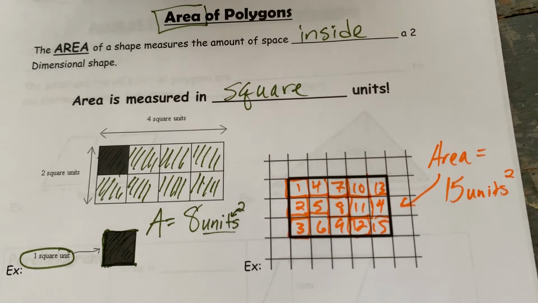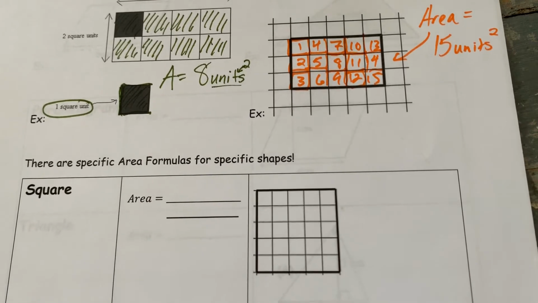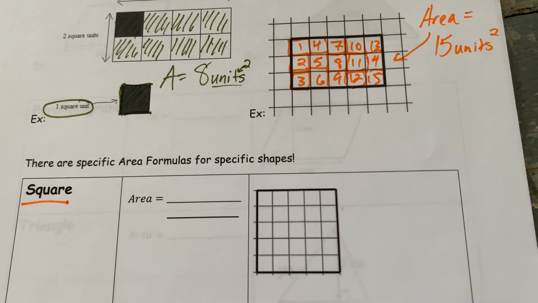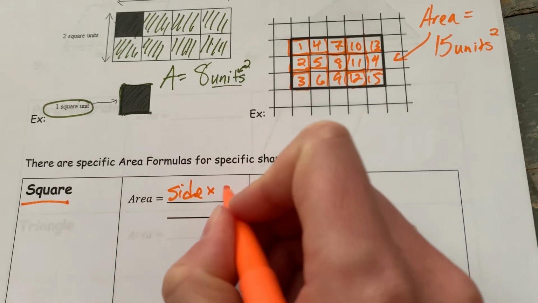We do have formulas, so we're not always going to have to be counting up a bunch of little squares. We have some shortcuts and formulas that we can memorize that can help us get to the answer more quickly. The specific formula for the area of a square is side times side.